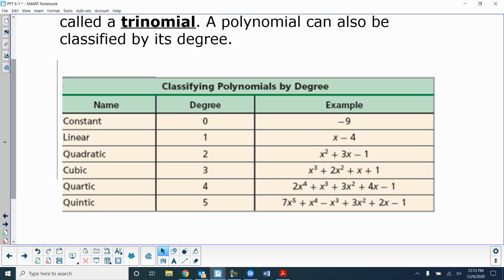Does that answer your question? Yeah. Okay. So they don't have to go, if there's an x to the 5th, an x to the 4th doesn't have to be there. A lot of times it is, but it doesn't have to be there. It's still a polynomial. It's still quintic because the degree is 5.